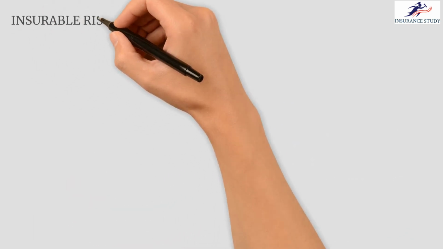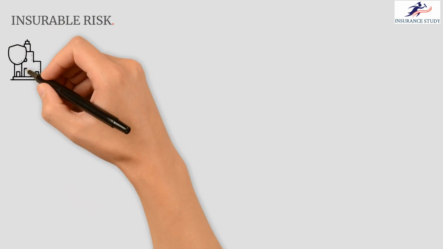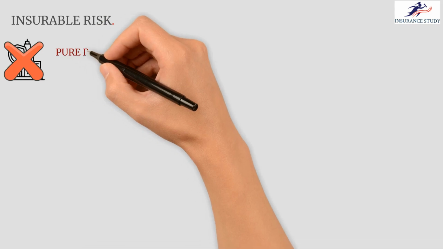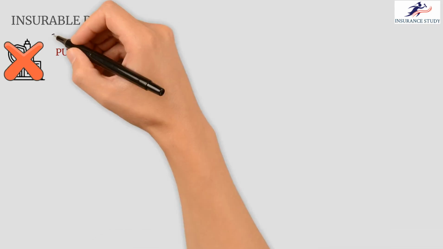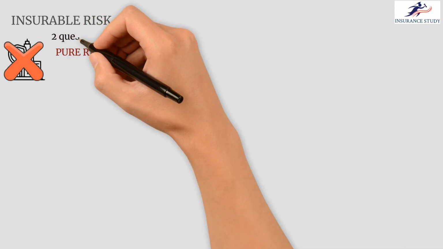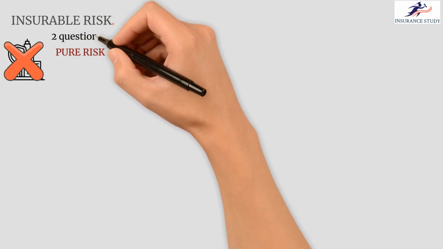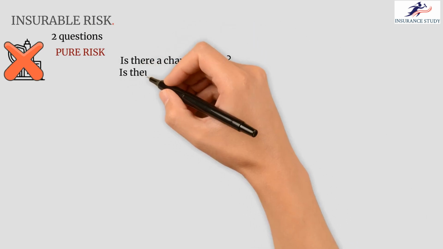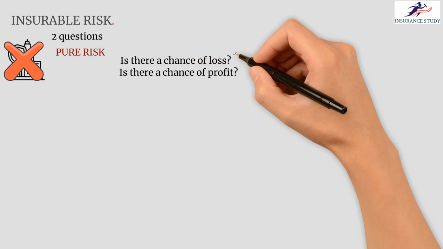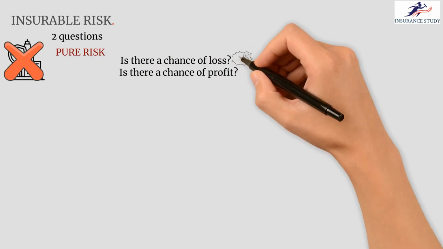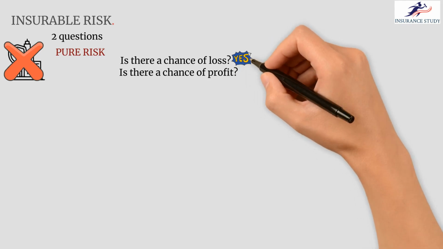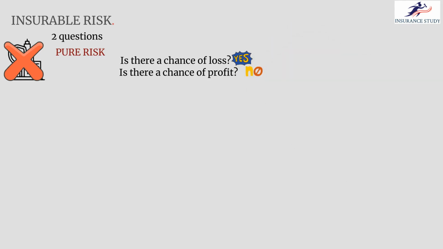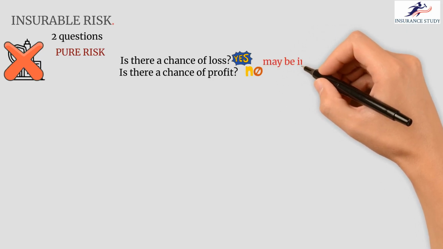Now we know that insurance doesn't cover every type of risk. Insurance is concerned with pure risk. A simple test for determining whether something may be insurable is to ask two questions. First, is there a chance of loss? Second, is there a chance of profit? If the answer is chance of loss, yes, and the chance of profit, no, then the subject matter may be insurable.